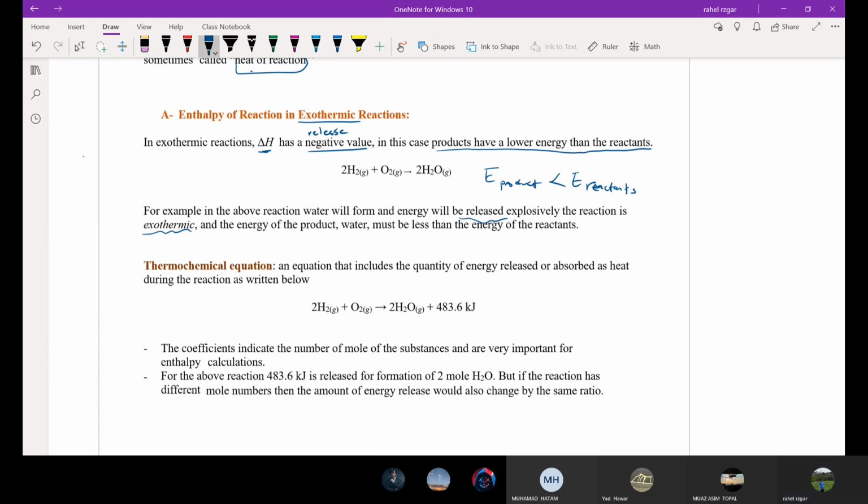Then the reaction is exothermic, and the energy of the product, water, must be less than the energy of the reactants. So since it's exothermic and the product is H2O, then H2O has less energy than hydrogen and oxygen. Why? Because it told you that the reaction is exothermic.